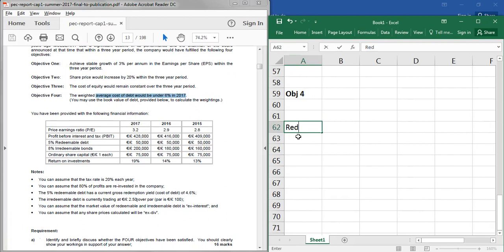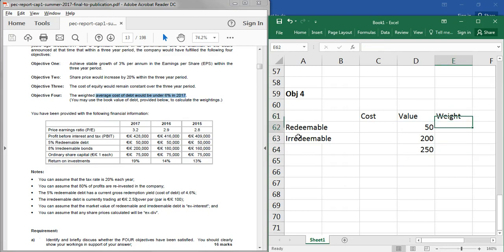So we laid it out similar to a WACC question. We have redeemable debt. We have irredeemable. We need to get the cost of that debt. So we have the value already. We're told redeemable, use the book value of 50 and irredeemable 200. So total debt is 250. And we can get the weights because all we have to use is the values.